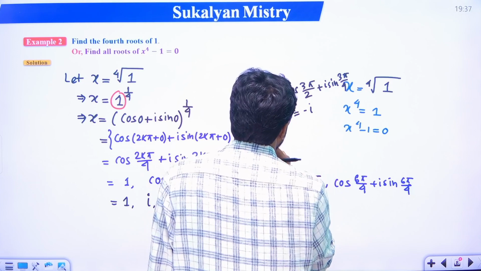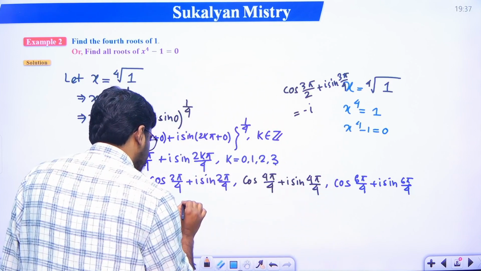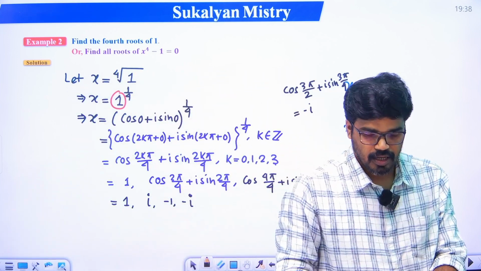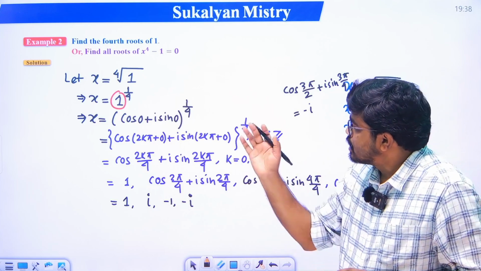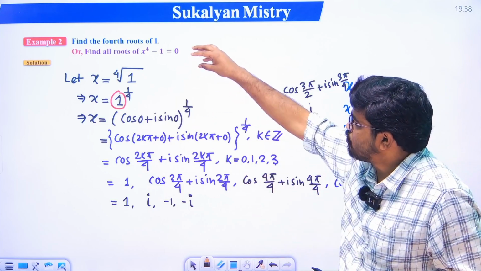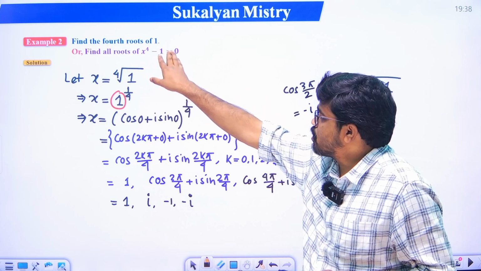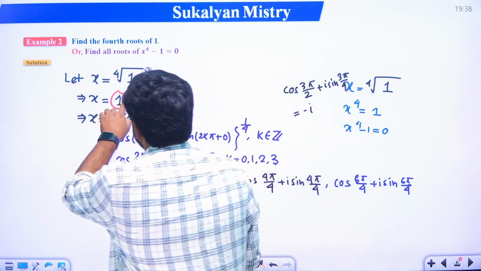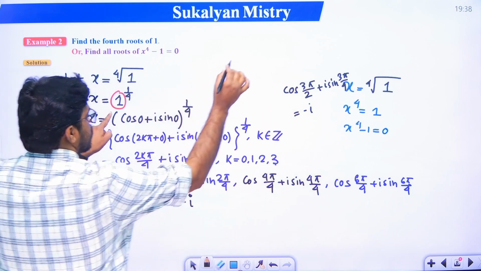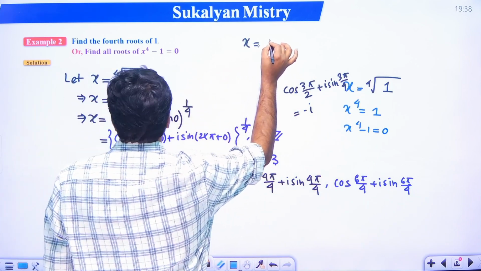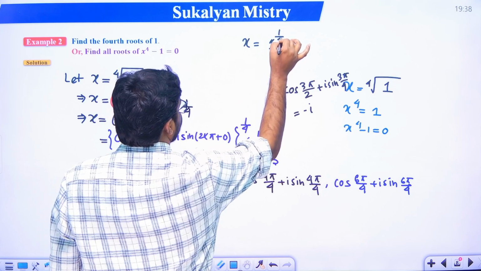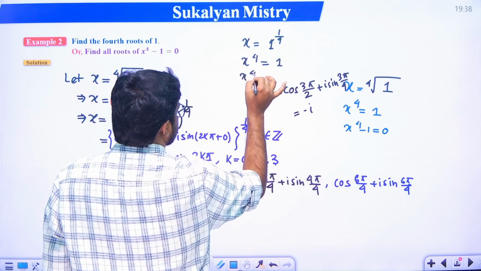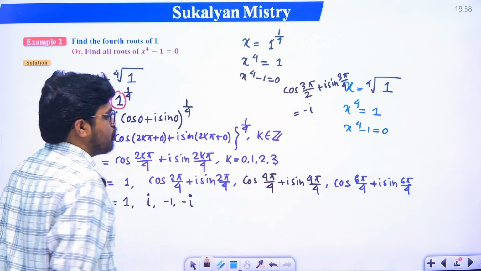So ultimately what we get? The values of the roots of x to the power 4 minus 1: just see, x is equal to 1 to the power 1 by 4. So basically x to the power 4 is equal to 1. That means x to the power 4 minus 1 is equal to 0.